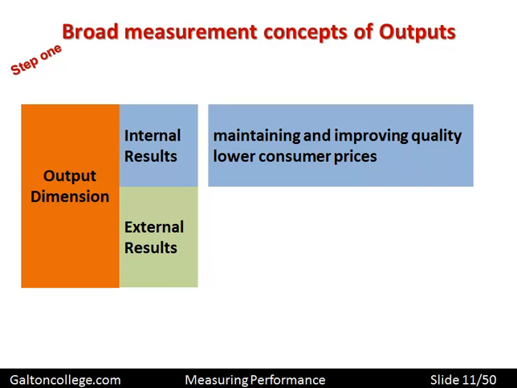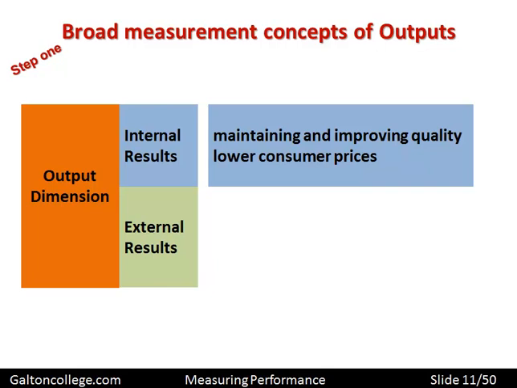The company may have the capacity to reduce its consumer prices. This might be done for all sorts of reasons, mind you. It could be done for strategic reasons. It might be done to gain competitive advantage. It might be done to stop entry, stop other companies from coming in. So there may be all sorts of motives for reducing the prices.